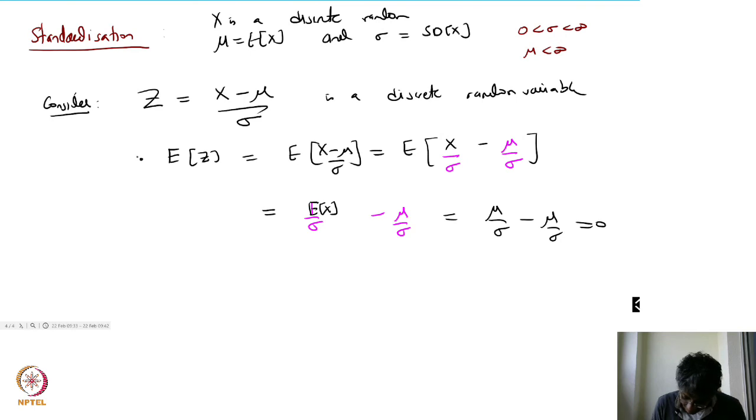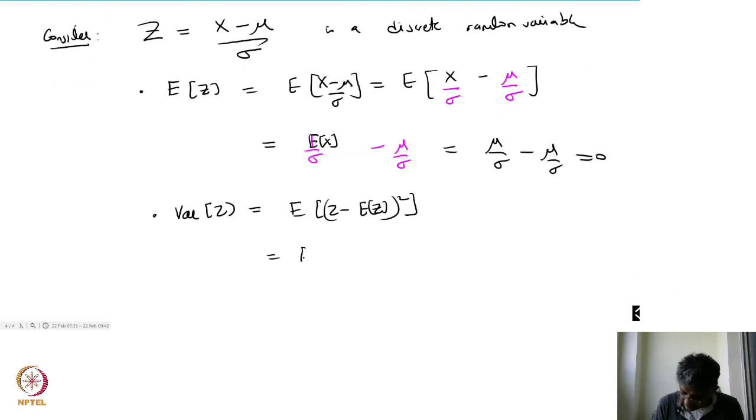Then the other thing you notice is that the variance of z is E of Z minus E of Z the whole squared. But E of Z is 0, so it's E of Z squared. What is E of Z squared? It's E of x minus mu the whole squared divided by sigma squared.